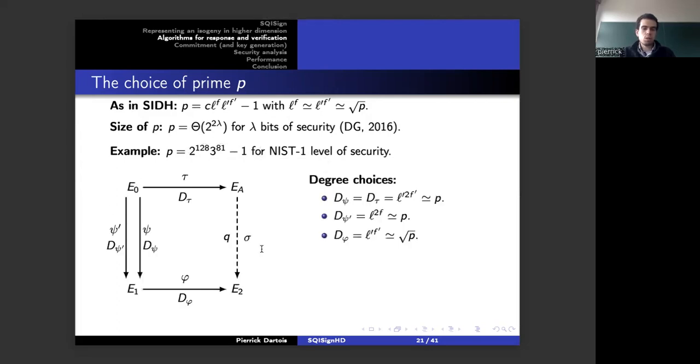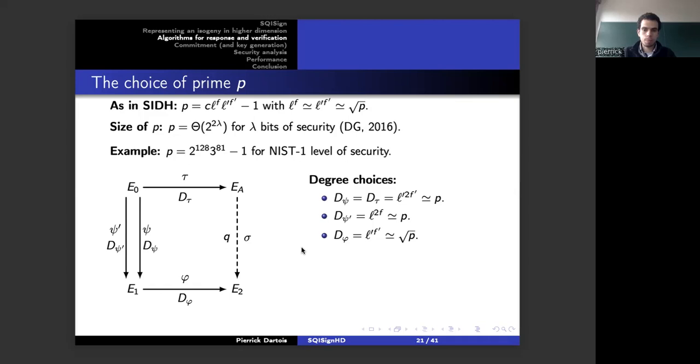So for degree choices right now, as I explained earlier, we can select our double isogeny path to the commitment so that one path is a power of l and another is a power of l'.